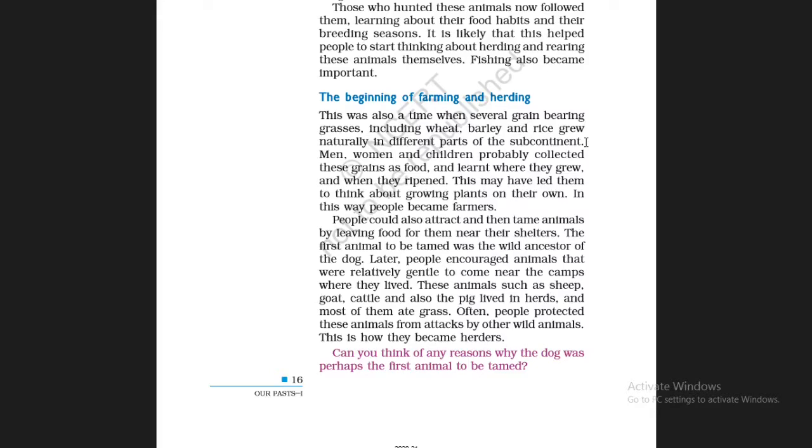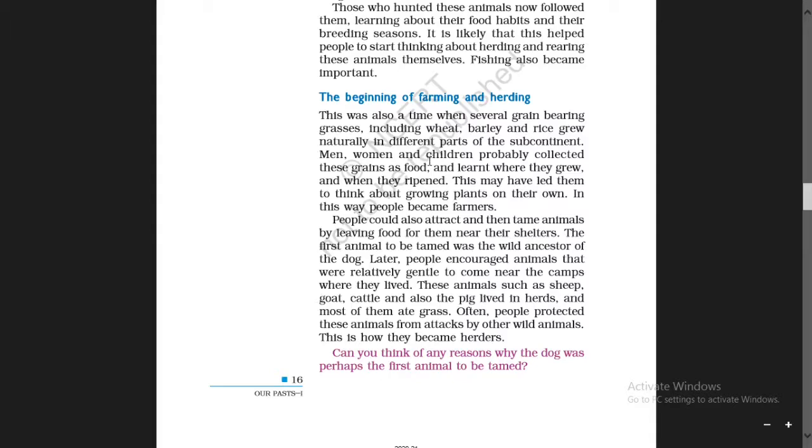They used to grow themselves without any human aid. Subcontinent means a large, distinguishable part of the continent. In your later classes, you will learn why India is called a subcontinent.